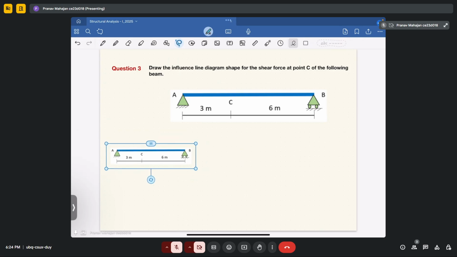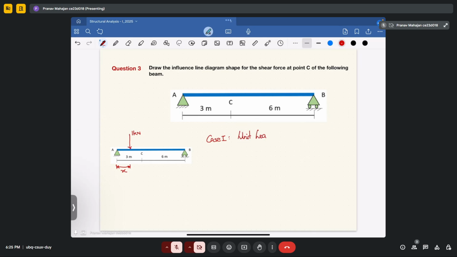So let's say I am keeping the load first between A and C. If this is my location of keeping the load, let's say it is at a distance of x. Okay, so case 1, unit load kept between A and C. In this case, you will observe some reactions also.